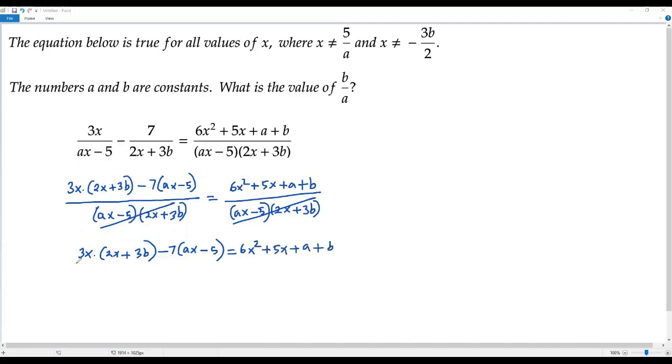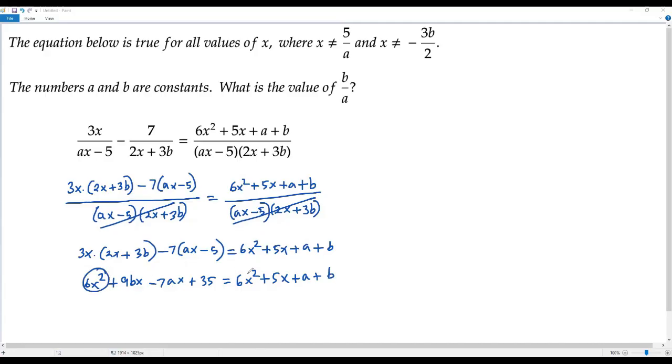Okay, now let's do some more simplification on the left side. We can distribute this 3x to this one and this one. 3x times 2x is 6x², plus 3x times 3b is 9bx, negative 7 times ax is negative 7ax, and negative times negative is positive, 7 times 5 is 35, equals 6x² + 5x + a + b.